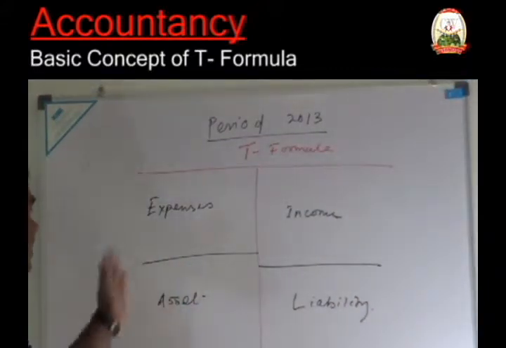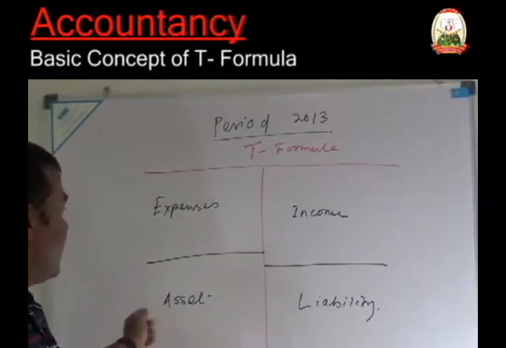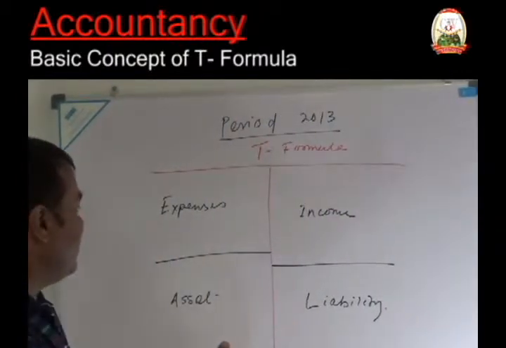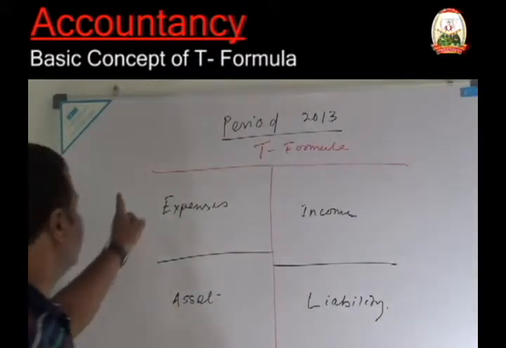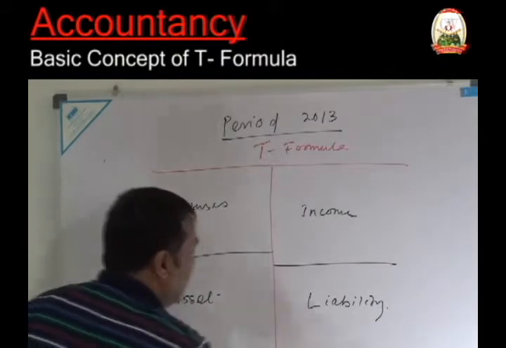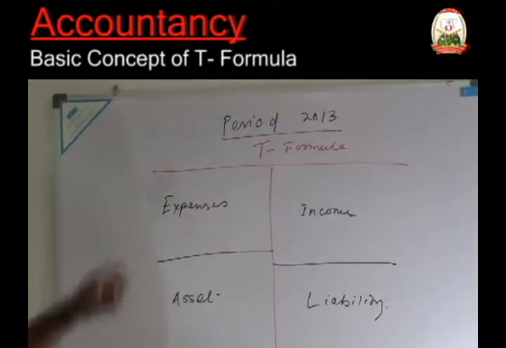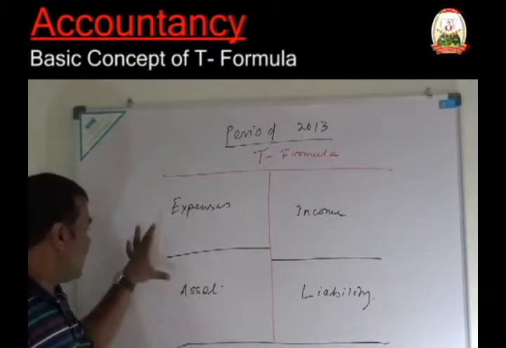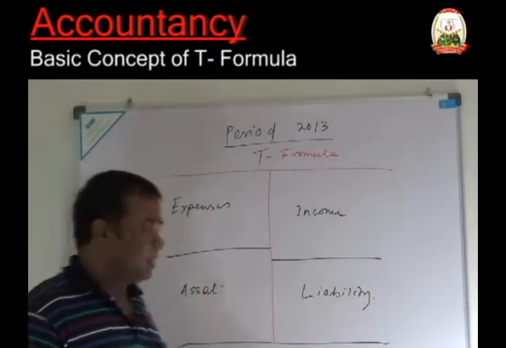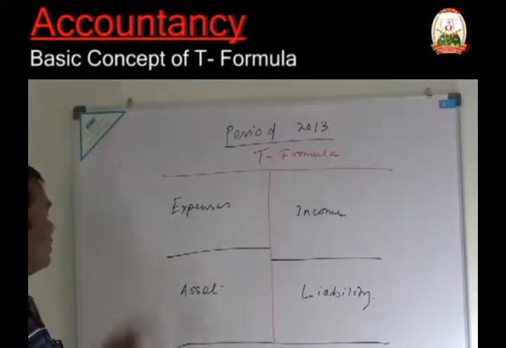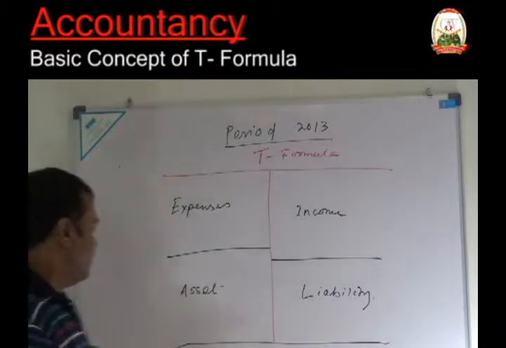So on the left side we place expenses and asset, whereas on the right side of the T we place income and liability. Why is it T? It is like a T shape and the end is here. Overall we can find that expenses plus asset equal to income plus liability. Ultimately the formula comes to expenses plus asset equal to income plus liability.